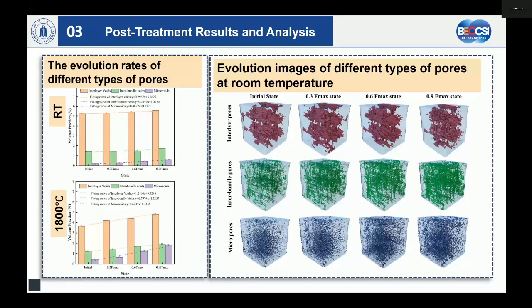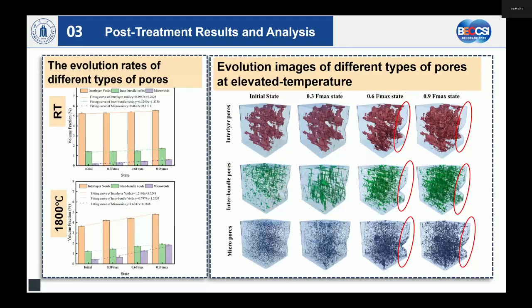This is a three-dimensional evolution image at room temperature. Basically, there is no significant change in either the appearance of the sample or the three types of pores inside it.